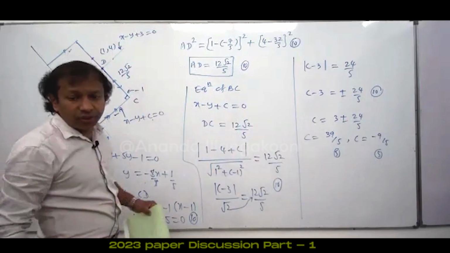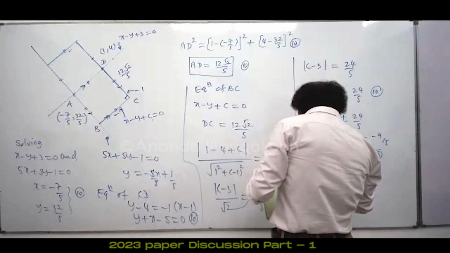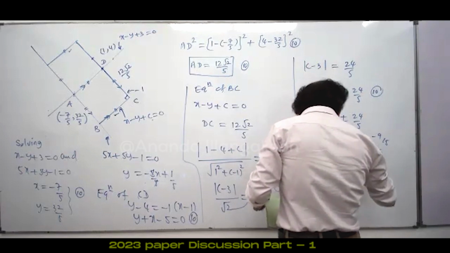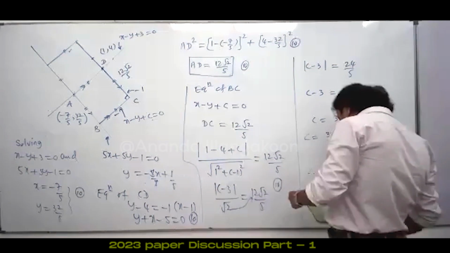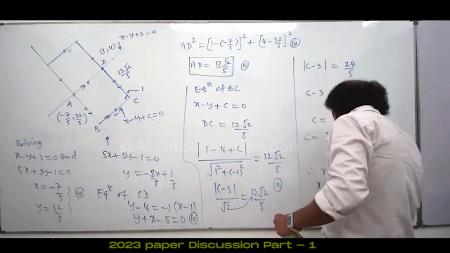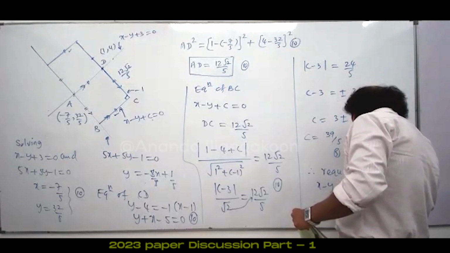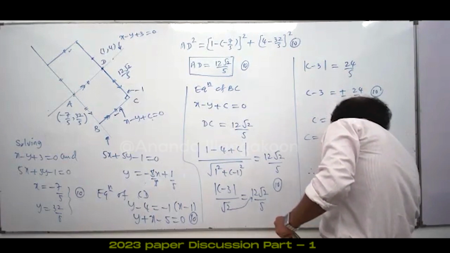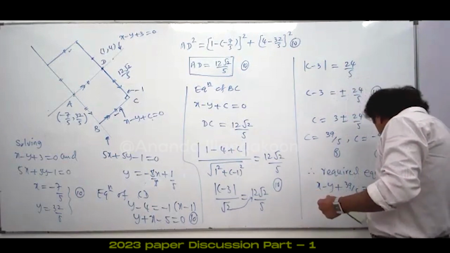Then you can write therefore the required equations. What do you get? x minus y plus 39 by 5 equals 0. The other one, x minus y minus 9 by 5 equals 0. That you get for each 10 marks.